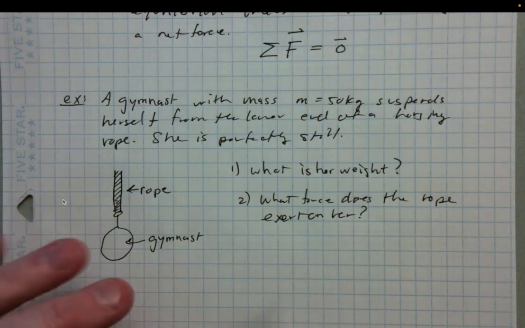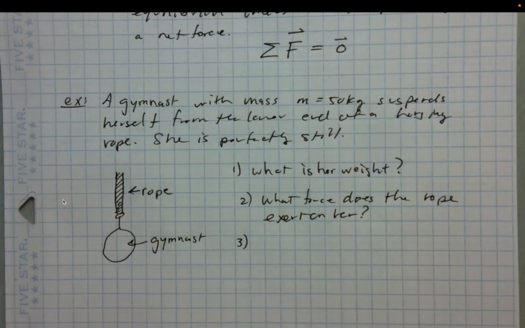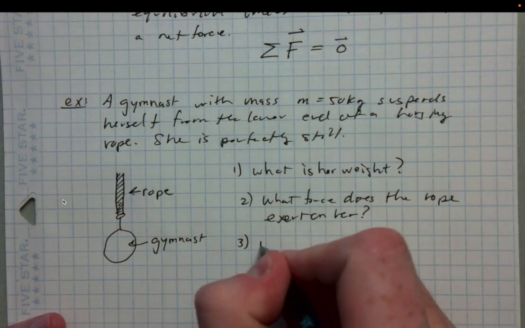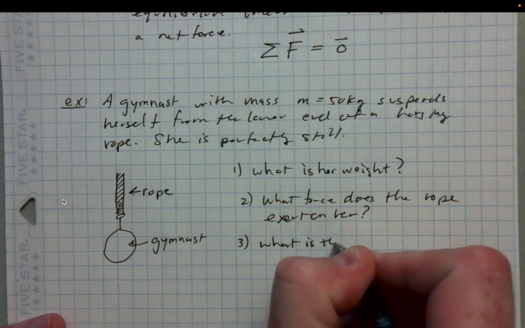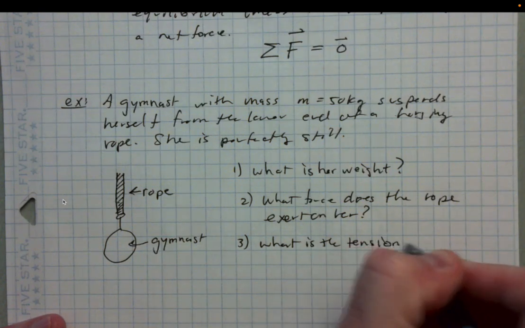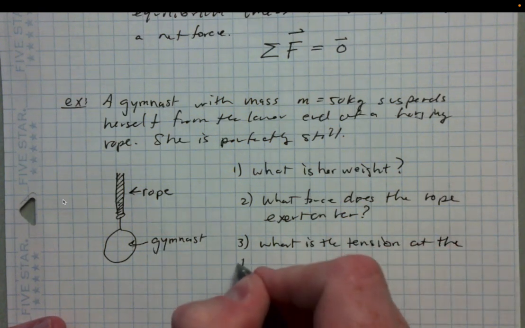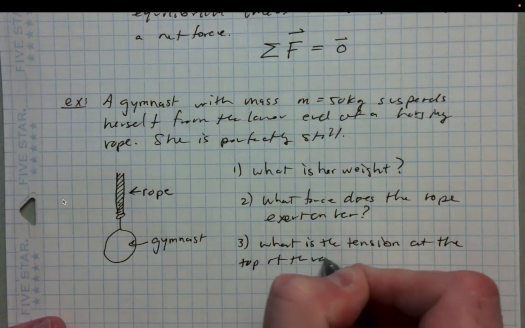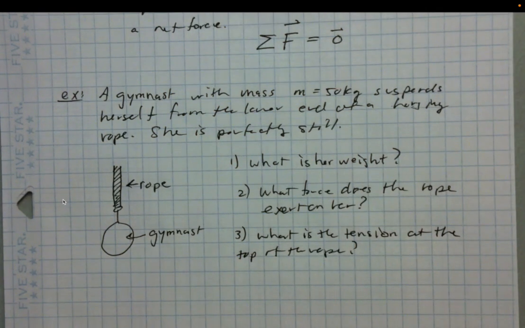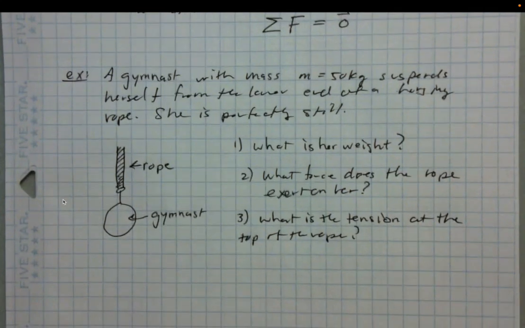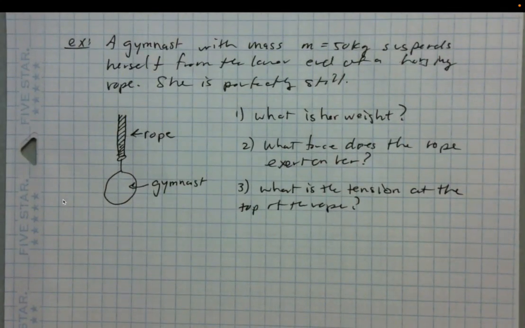And the third question, what is the tension at the top of the rope? Okay, so three questions really, and then again, this is an introductory kind of problem, just to get us familiar with the general flow of problems like this, equilibrium problems.